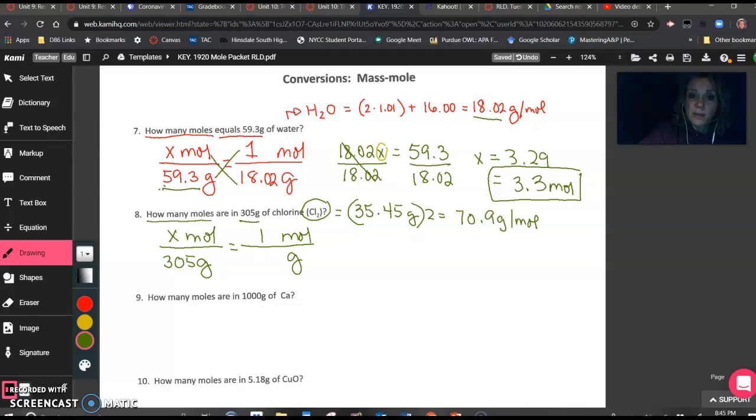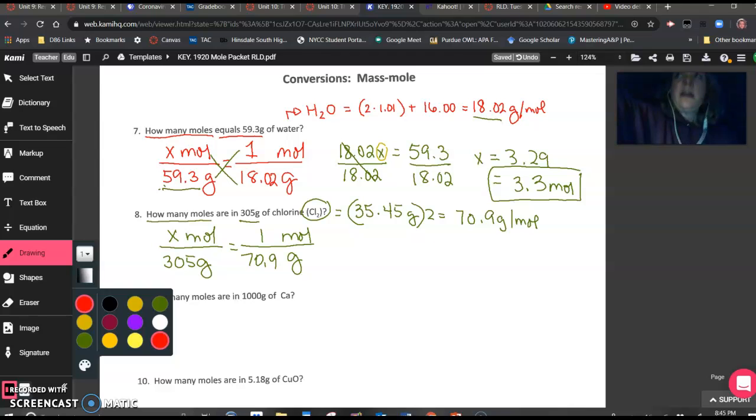Now I've already put my 1 mole here on the top, on the right-hand side of my proportion. And on the bottom, I have to put my mass, which is 70.9 grams.